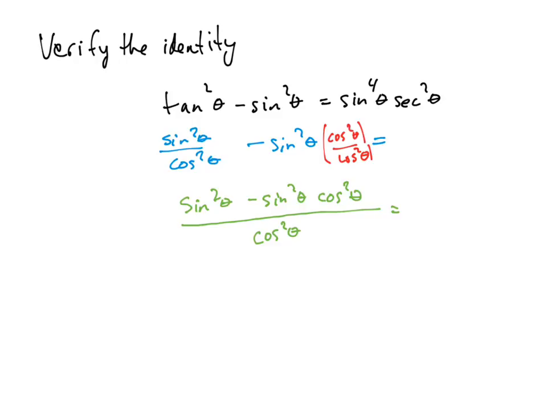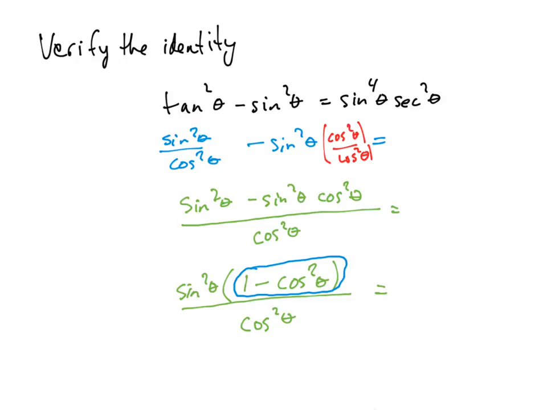Let's see, now I'm going to try to factor out the sine squared theta here and see what that does. We have sine squared theta times 1 minus cosine squared theta, and we get cosine squared in the denominator. And this expression right here, this is equal to sine squared.